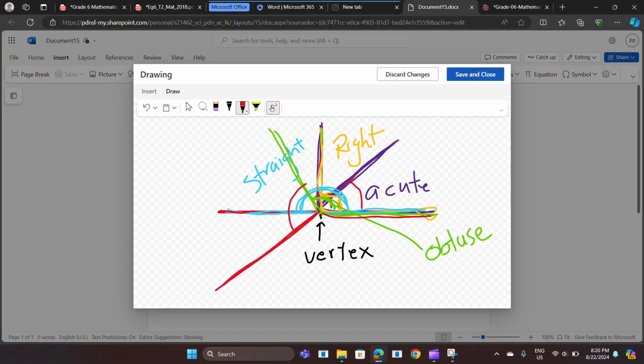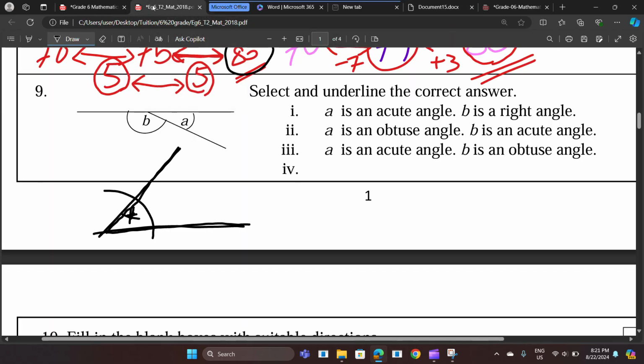An angle like this, bigger than 180, we call reflex angles. Okay, I think it is clear in your textbook.